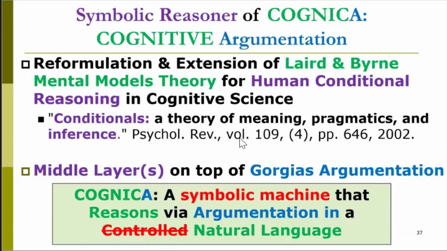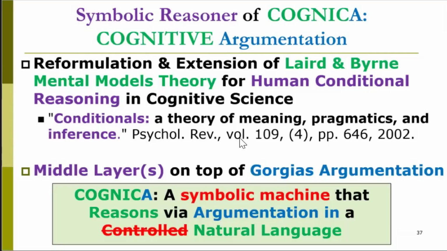we have found out from our understanding of human reasoning through argumentation that there is something very interesting that we can do, which is the following. Instead of connecting the natural language document to the raw, let's say, Borgias or technical argumentation framework, we will connect it to a theory of human reasoning through conditionals by these renowned cognitive scientists, Laird and Byrne.